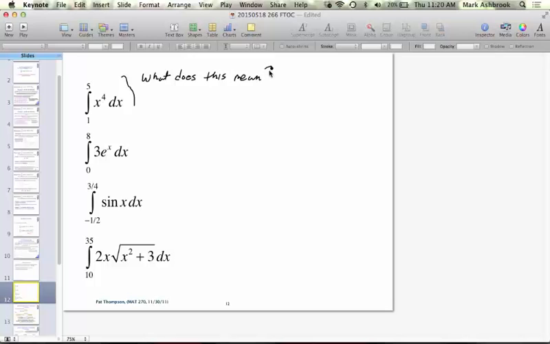What does this mean? We want a full, complete, precise definition of what that whole expression means. See if you can hammer that out with your partner. Go.